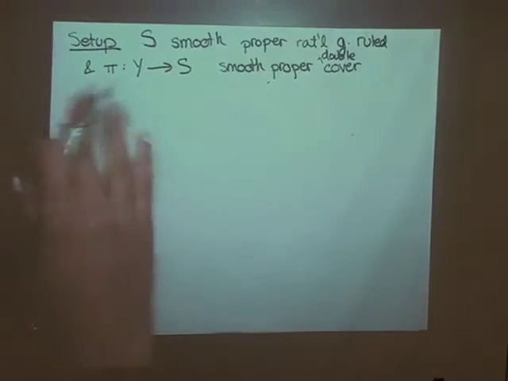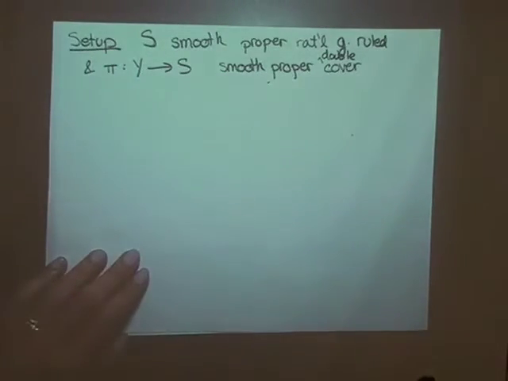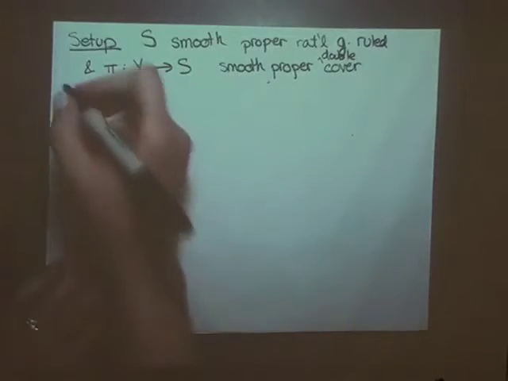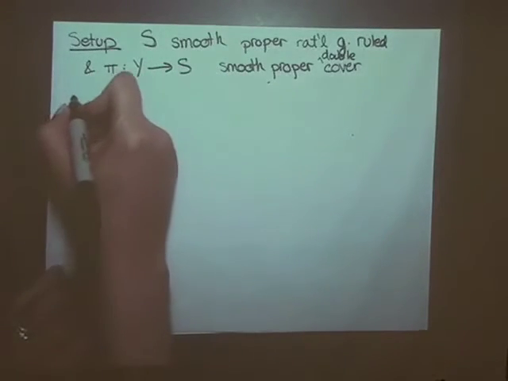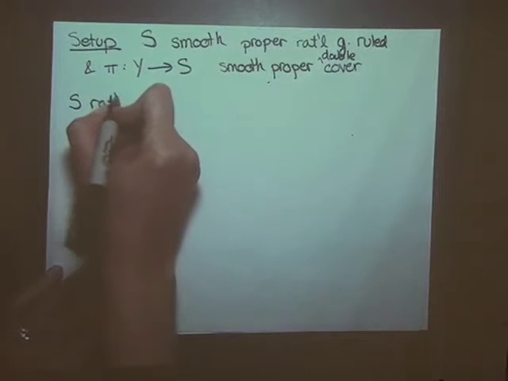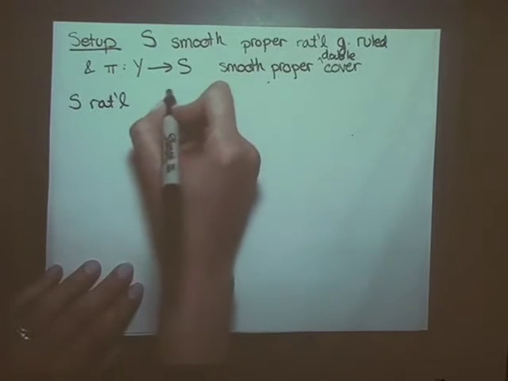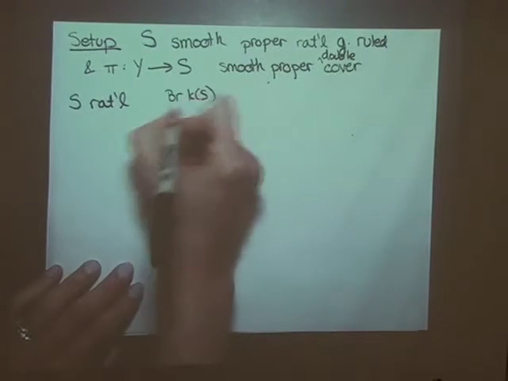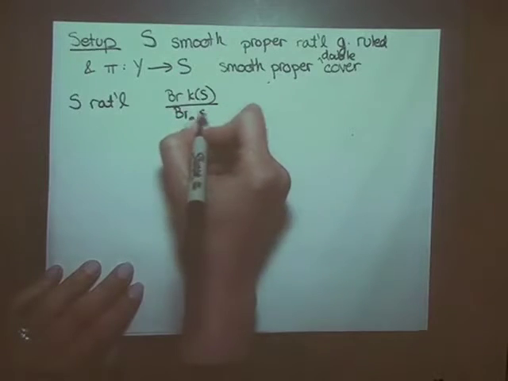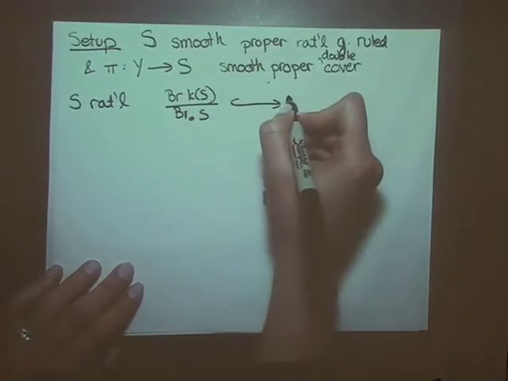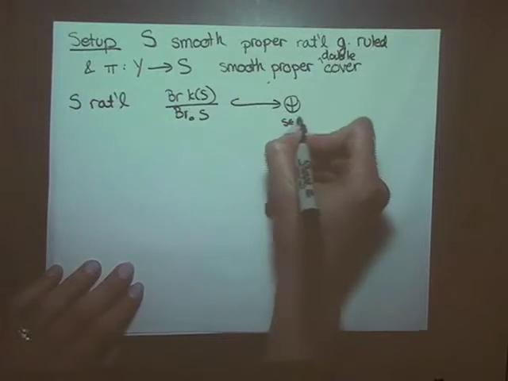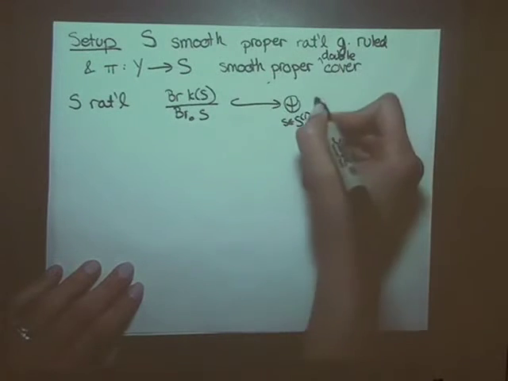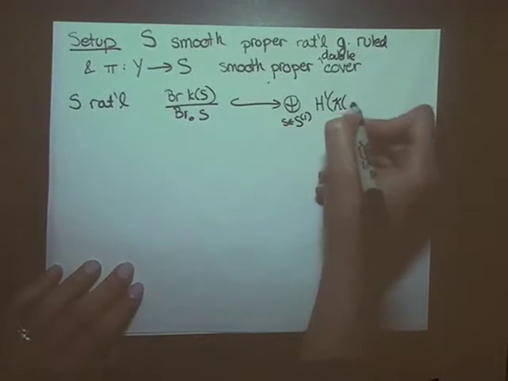All right, so this is our setup, and how are we going to use this here? Well, because S is rational, the Brauer group of the function field, I can understand modulo constants, through the residues. So this is just a direct copy of what I have there.